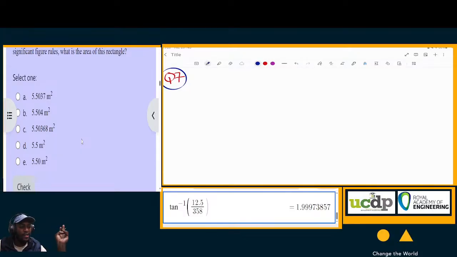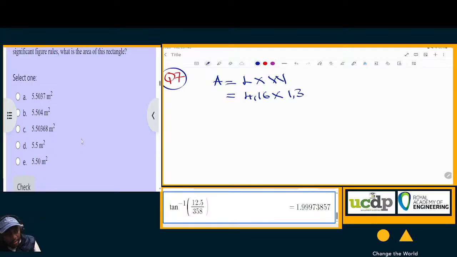Using significant figure rules, what is the area of the rectangle? So area of a rectangle is equal to the length multiplied by the width. So determining this, we have 4.16 multiplied by 1.323.